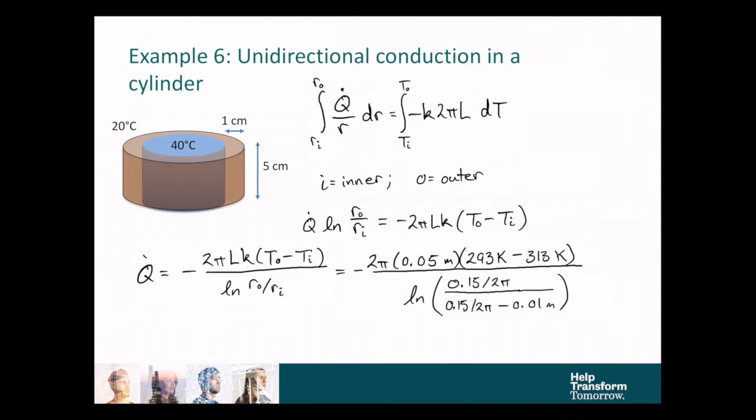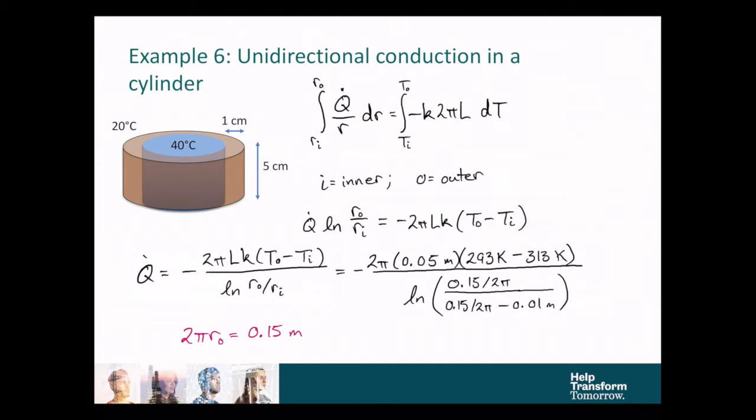So all we have to do to solve this heat flow is plug in the parameters that we already know. And I've converted the lengths into units of meters. It's a little bit tricky for the radii because I gave you that the outer circumference is 15 centimeters. So we need to back calculate what the outer radius is. And then the inner radius is just 1 centimeter less than the outer radius.